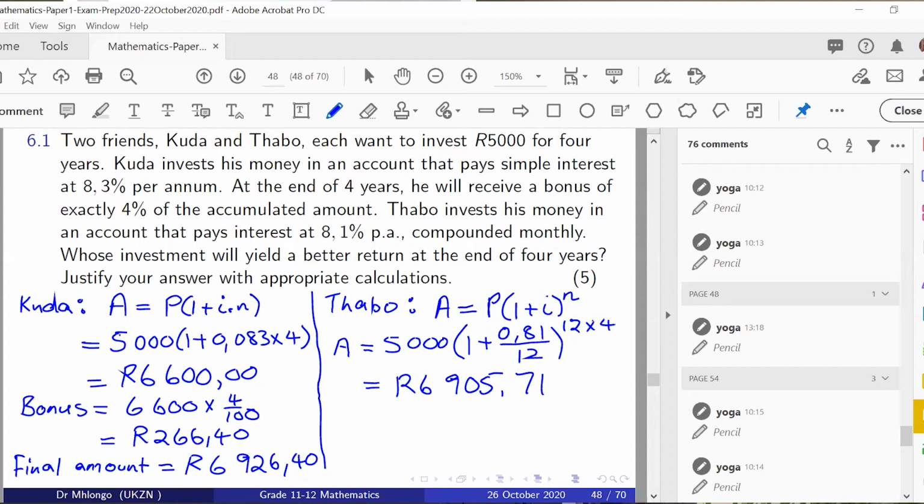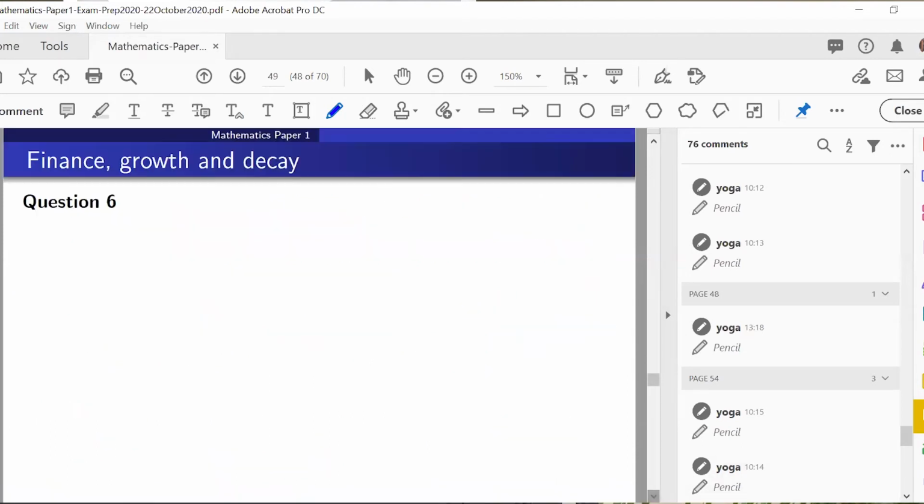So from here we conclude that Guda will get a better investment. That takes care of 6.1.